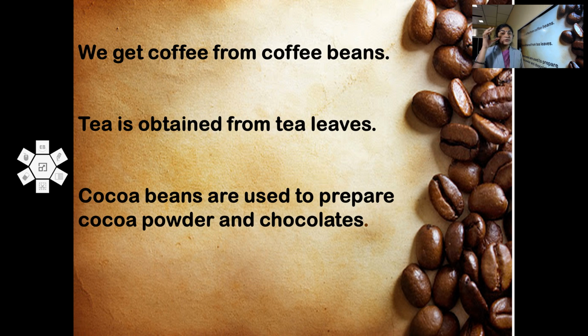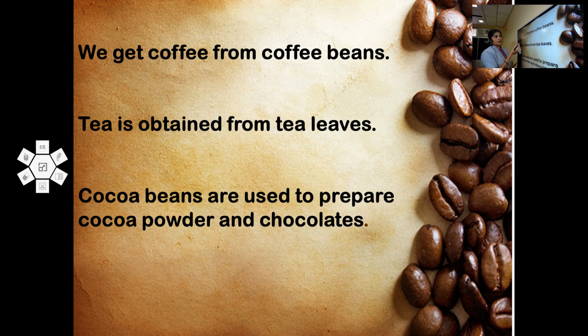For example, carrot. It is the root of that plant, the modified root. Like that, we are going to study some more parts of plants that are used as beverages.